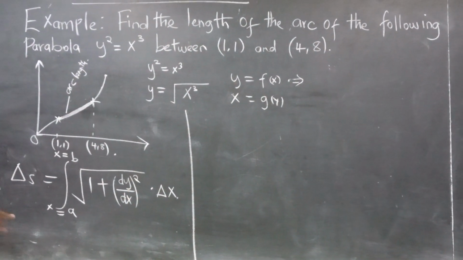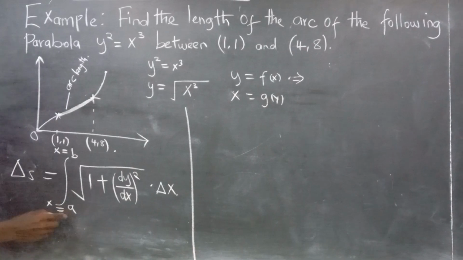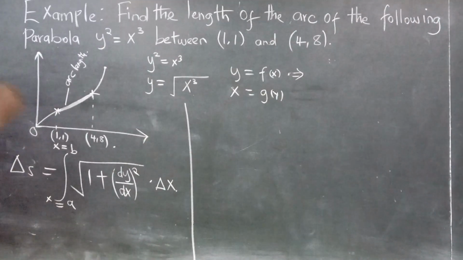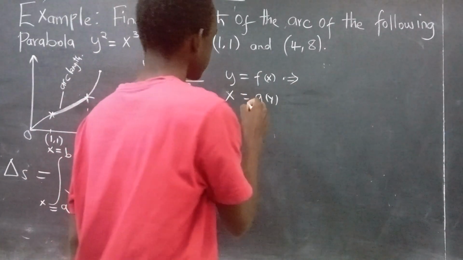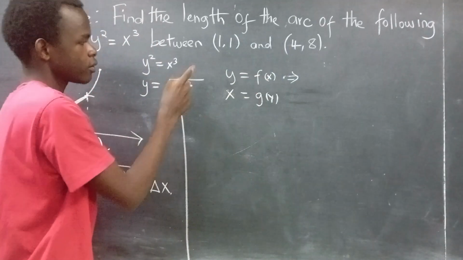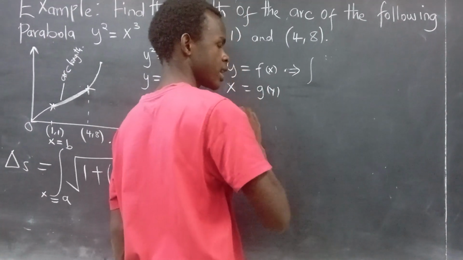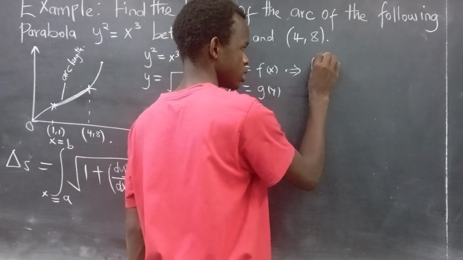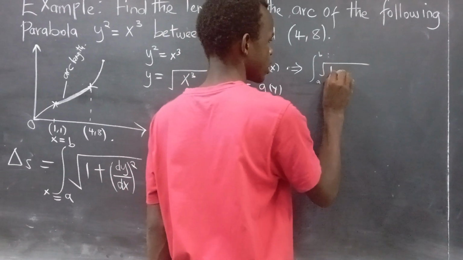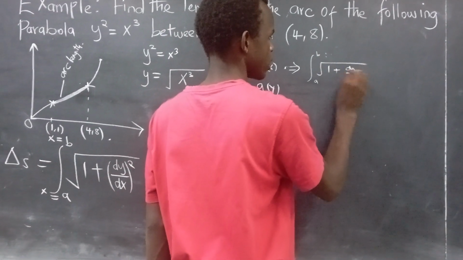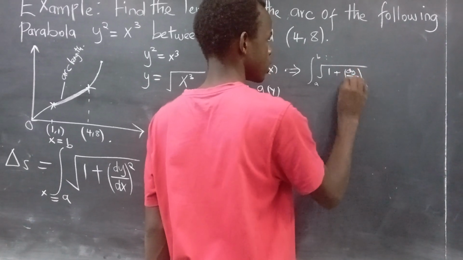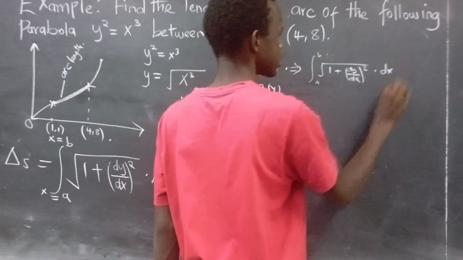We said the values of a and b are the x values. So I'll write here to explain that. When I'm given y as a function of x, I'll be using the formula of arc length as the integral from a to b of the square root of 1 plus dy over dx squared dx.